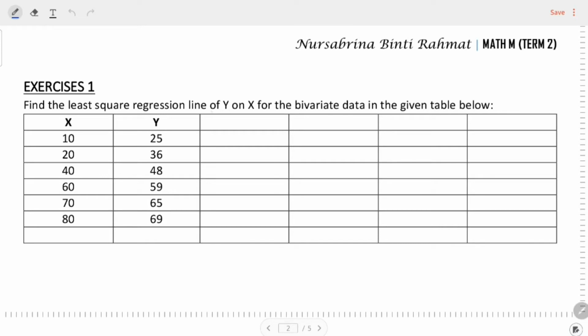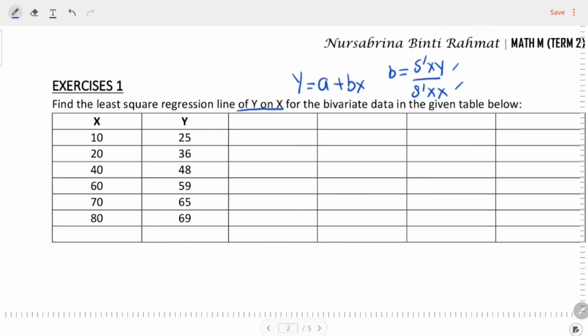Since this is the line of y on x, you have to find the equation y equals a plus bx, where b is S'xy over S'xx. So you need to find x squared and then xy.